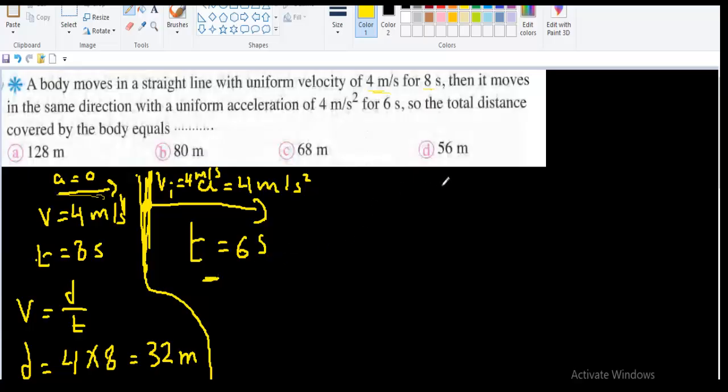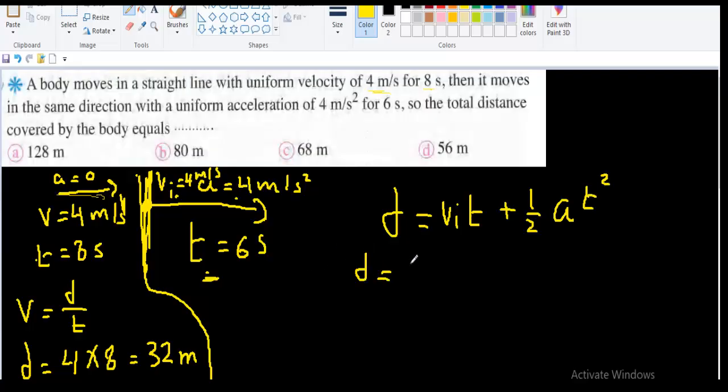We have initial velocity, we have acceleration, we have time, we need displacement. So we will use the second equation, which is VIT plus half AT power 2.